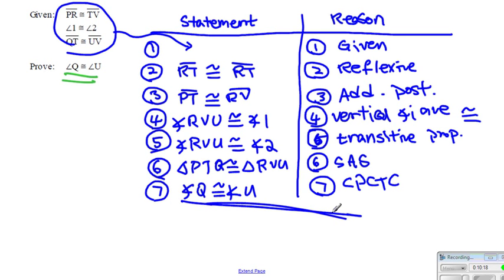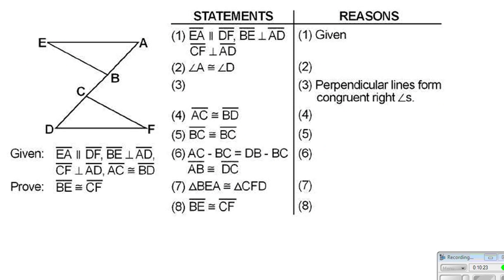Alright. Let us move on to number 3 now. Starting from number 3, what we have to do is fill in the blanks. So for example, number 2, angle A is congruent to angle D, and you will realize that this came from EA is parallel to DF.